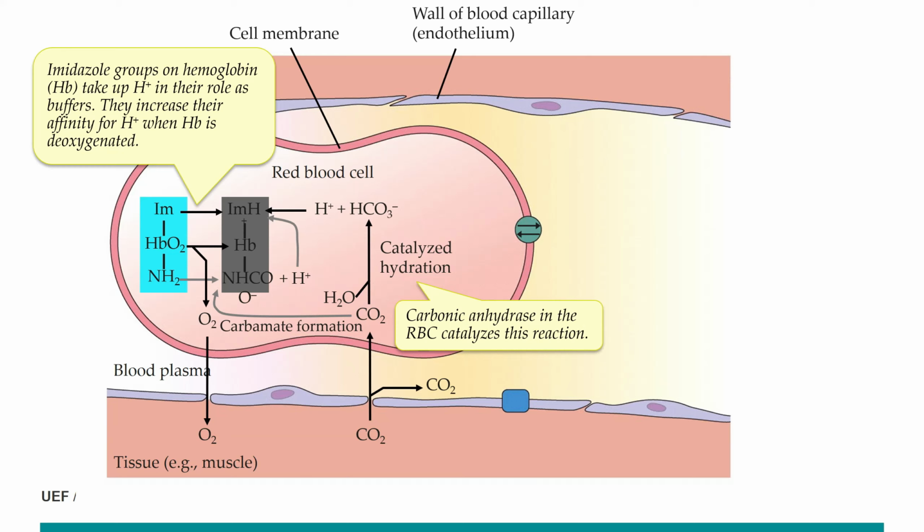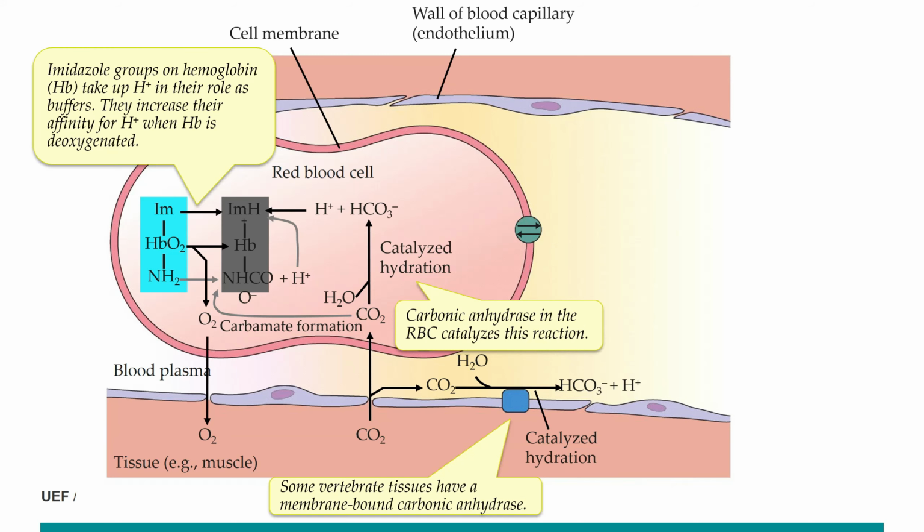And how we can form the bicarbonate is because we have carbonic anhydrase in this reaction. And in some cases, we also have the same kind of carbonic anhydrase as a membrane-bound protein there. So therefore, we can also form the carbonic acid and then the bicarbonate even without the red blood cells.